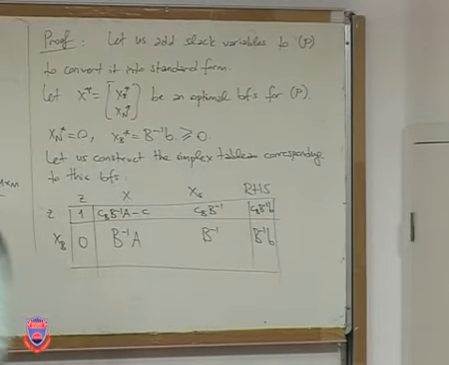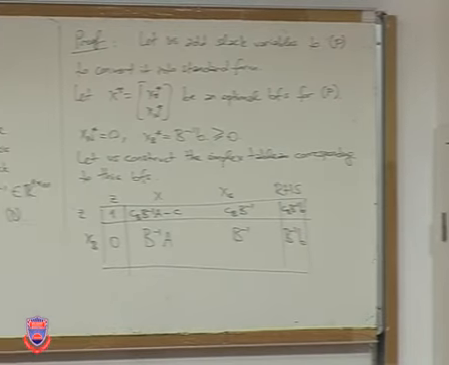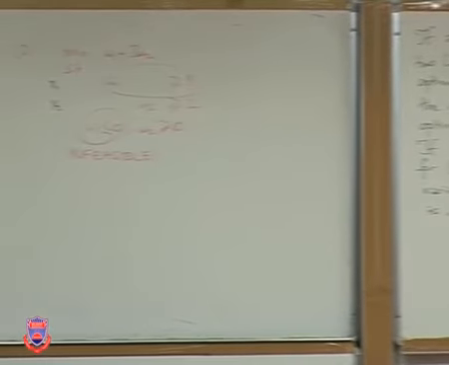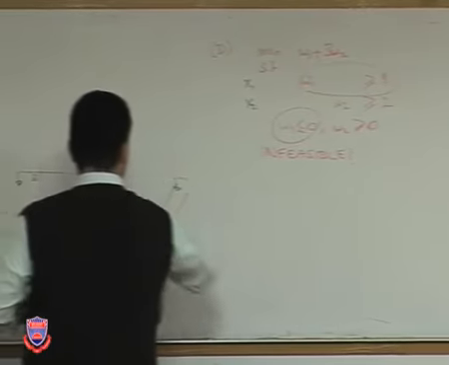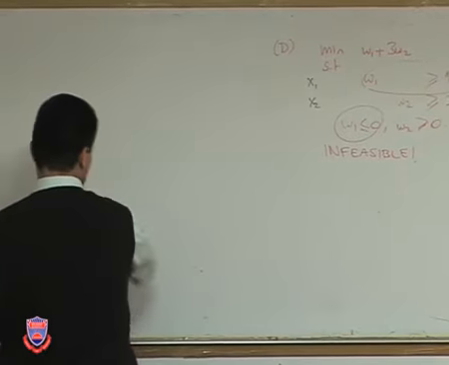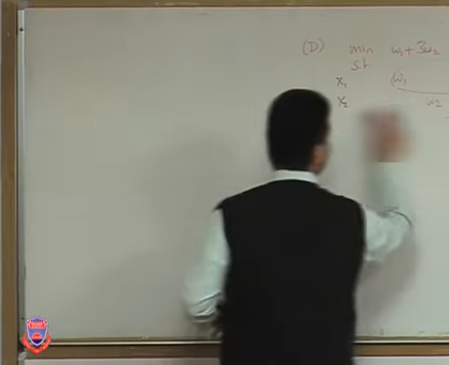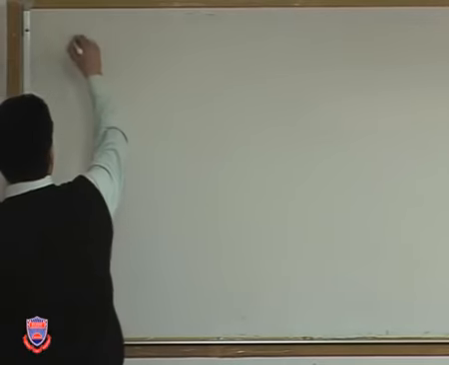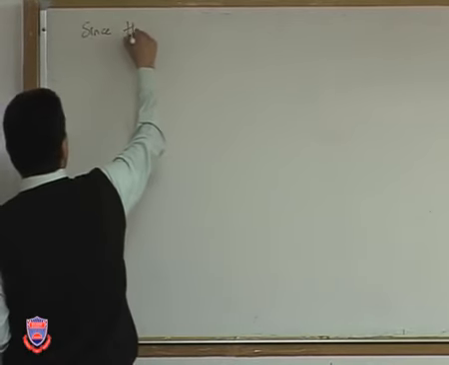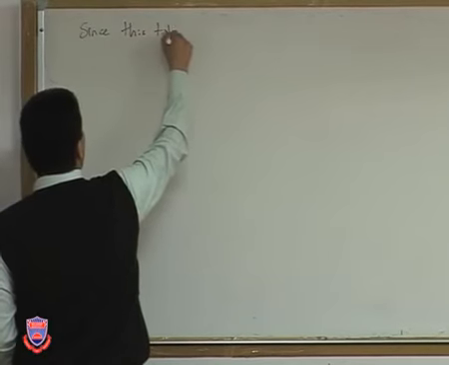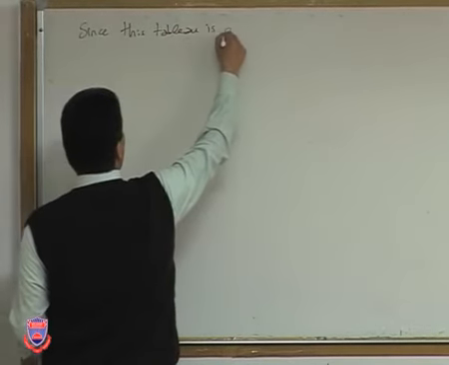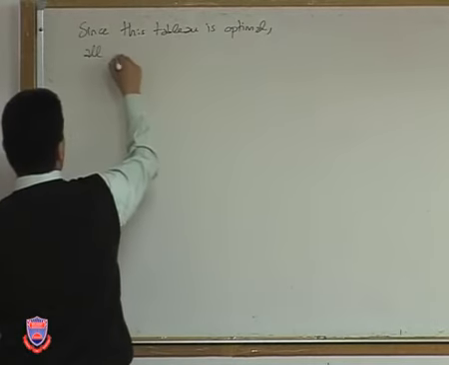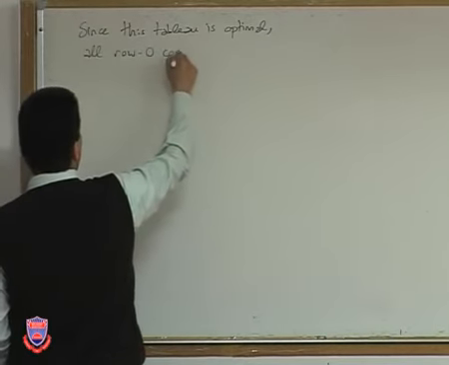So let me write that down. So since this tableau is optimal, all row zero coefficients should be non-negative.